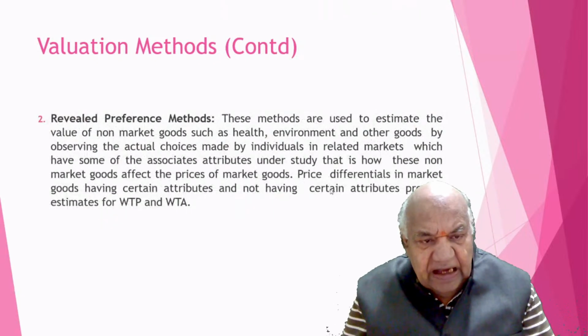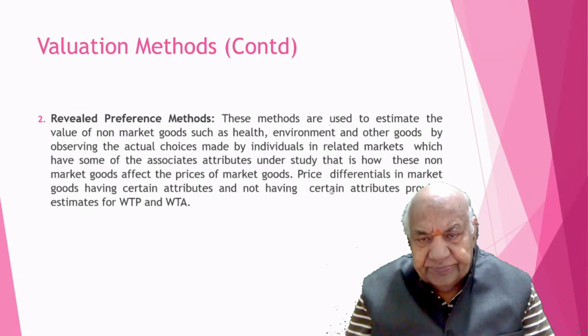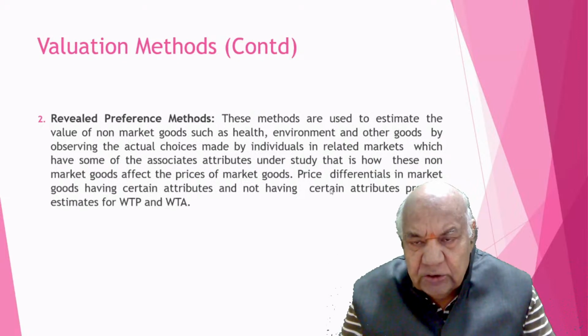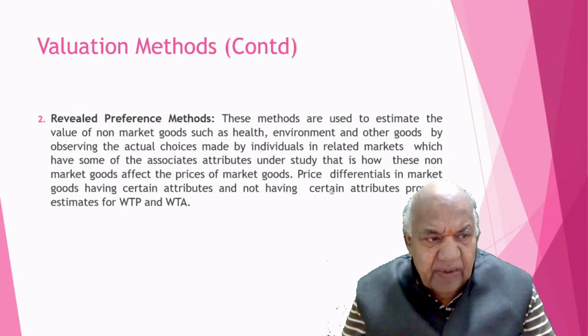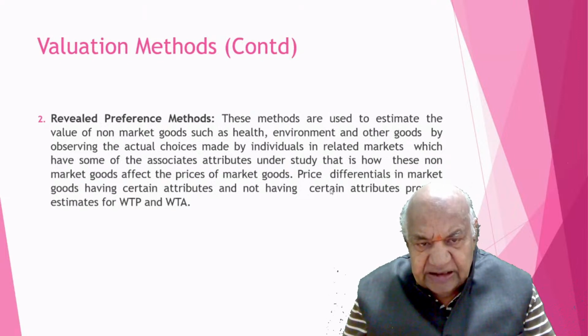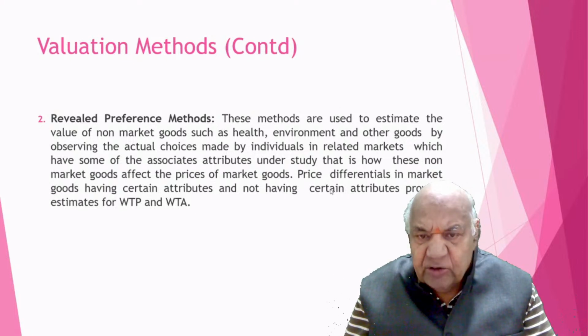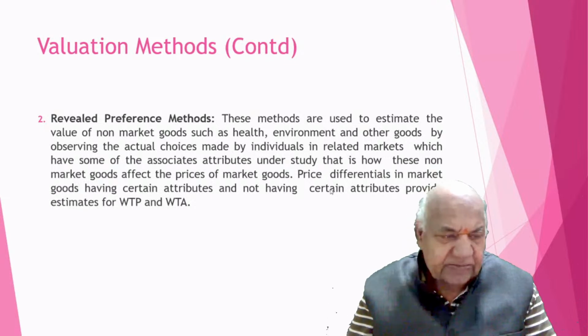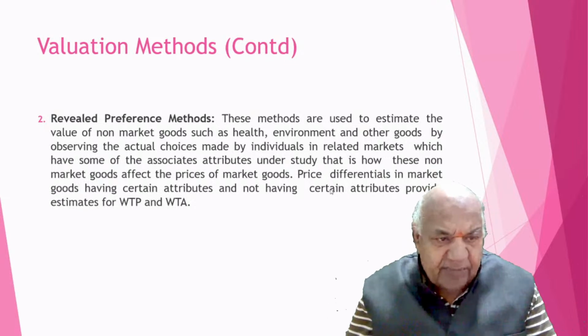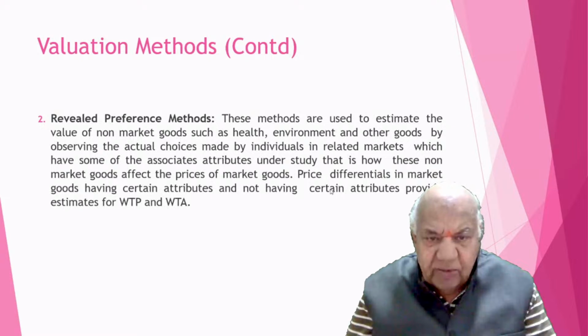Second, revealed preference method. These methods are used to estimate the value of non-market goods such as health, environment, and other goods by observing the actual choices made by individuals in related markets, which have some of the associated attributes under study.